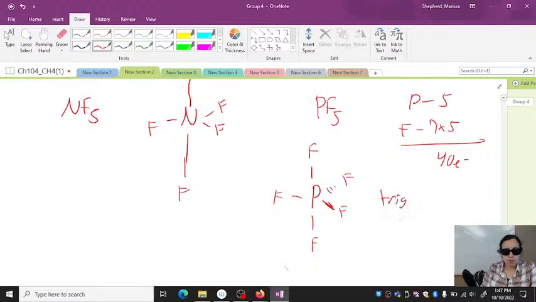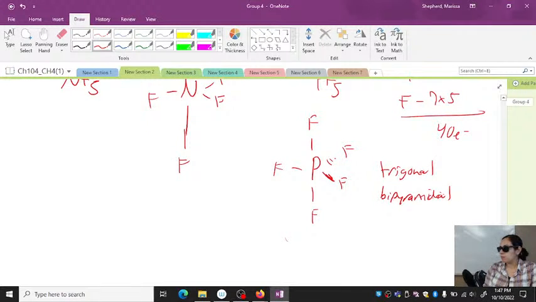And so the name of this would be trigonal. This is a triangle, and then bipyramidal. I can't spell. And so just bipyramidal, so 2 pyramids. So you draw 1 pyramid, 2 pyramids.